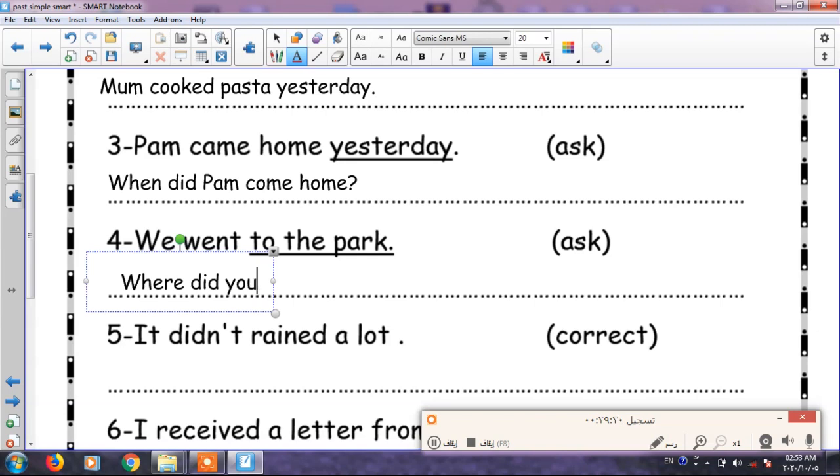Where did you go? I will put the verb in the infinitive form, and don't forget the question mark. So it will be where did you go?